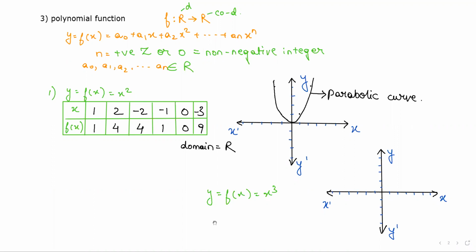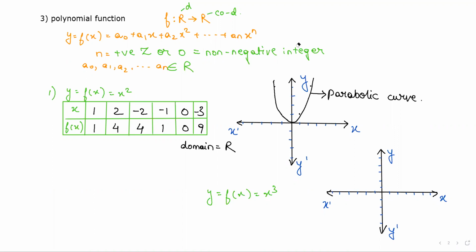Again, for these infinite values of x, you get values of y which are only positive in nature. So no matter what value you place, positive or negative for x, you always get a positive value for y.